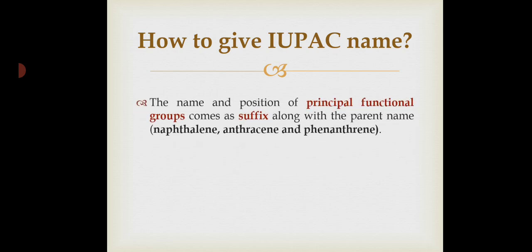Now, you know that there are two types of substituents. One is called the principal functional group, and its name comes as a suffix along with the parent name. All these things we have done in the earlier videos. So, if we put a principal functional group like the SO3H group, what is the SO3H group? It is the sulfonic acid group, a principal functional group.